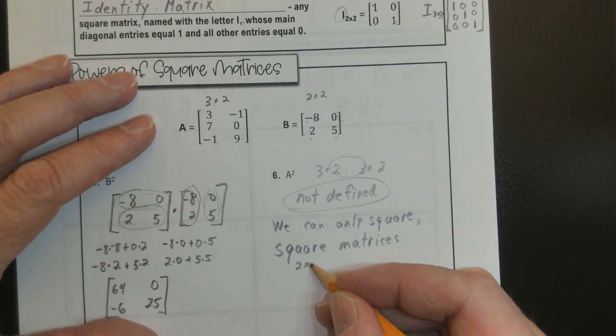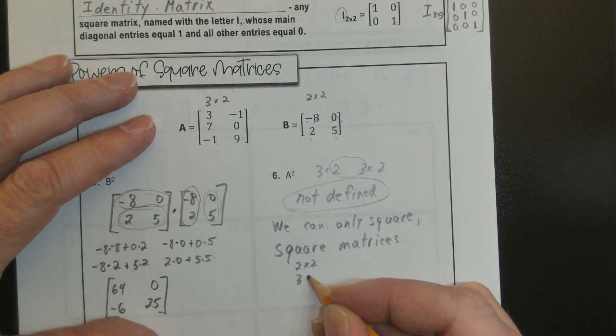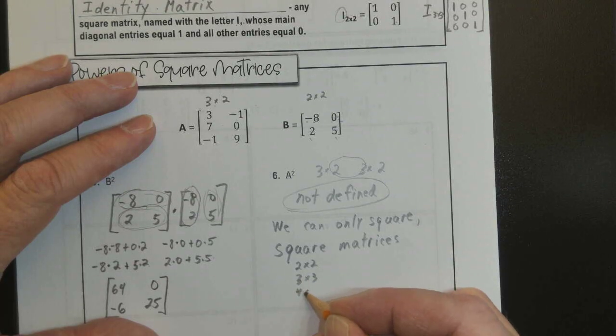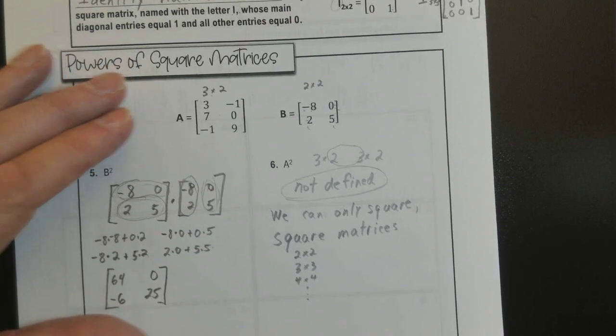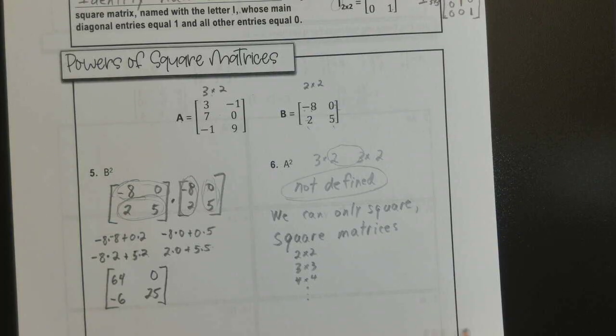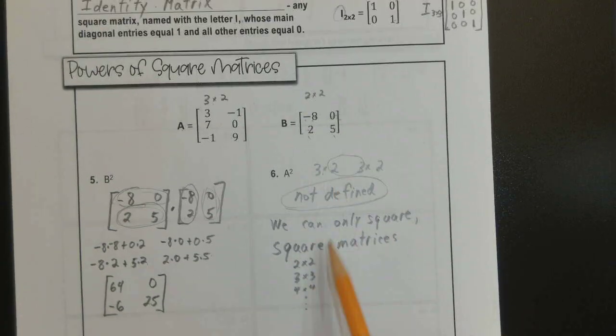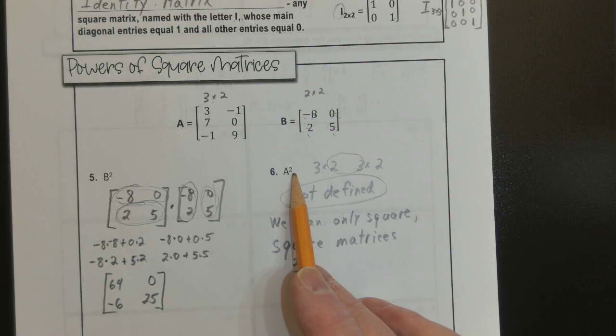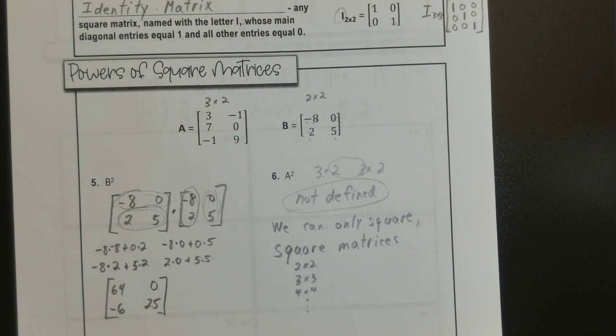Like we can only square 2 by 2s, 3 by 3s, 4 by 4s, and so on. If they're not a square matrix, we can't raise it to the second power. Okay? All right.